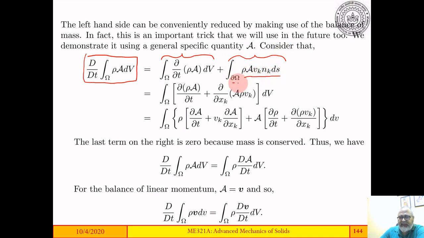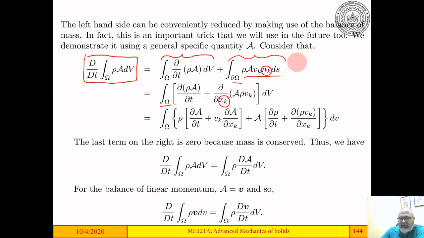Now, because this is a surface integral, I convert it into a volume integral. Apply the divergence theorem. I have nk here, so I'll get del xk here, and both are now volume integrals in the volume omega.